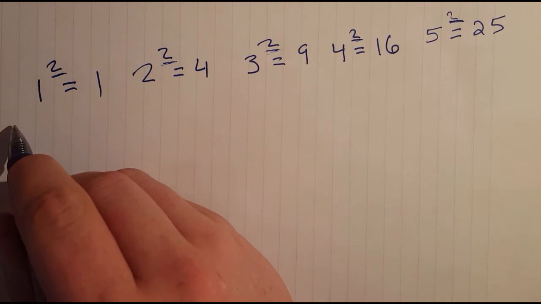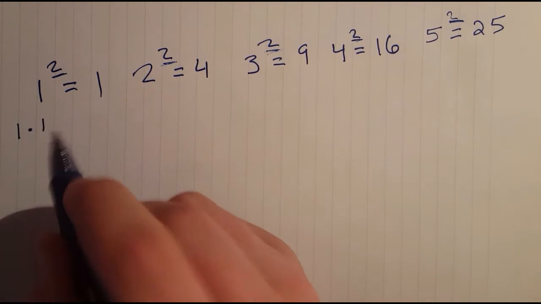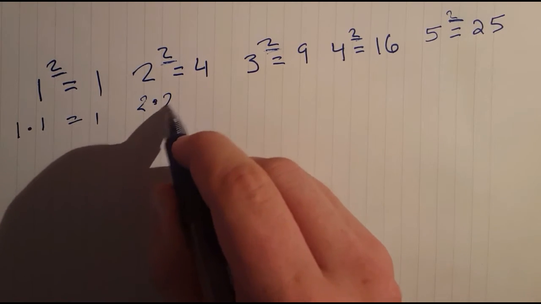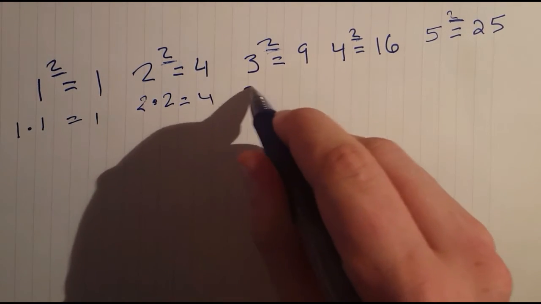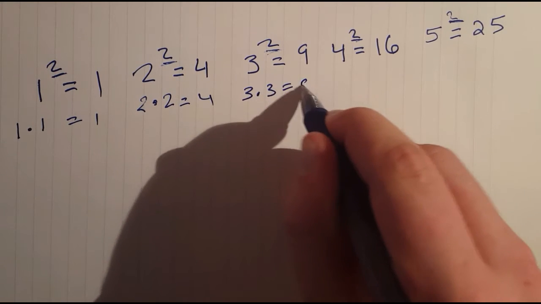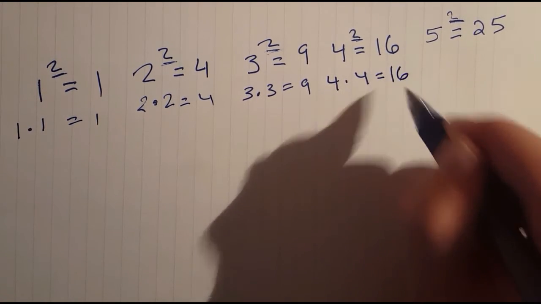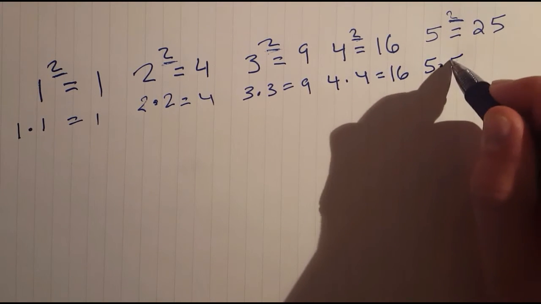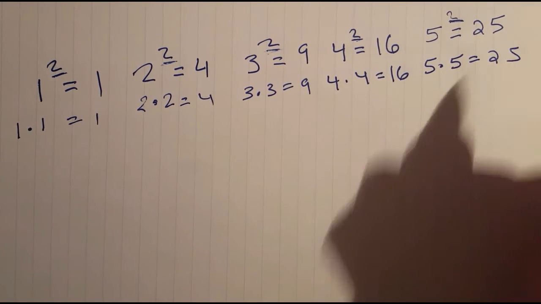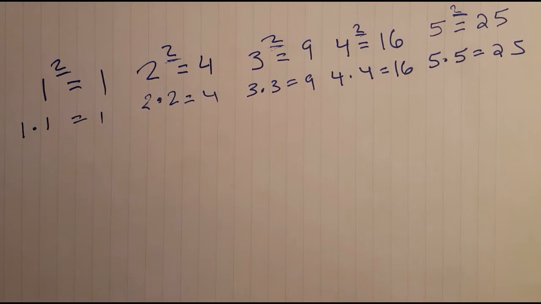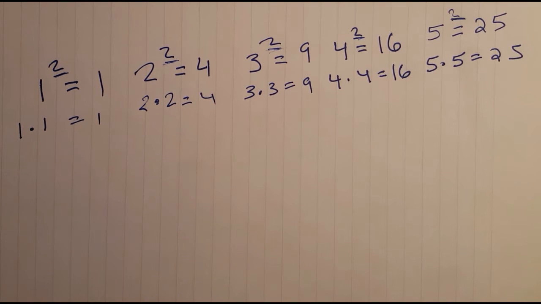So 1 times 1 equals 1, 2 times 2 equals 4, 3 times 3 equals 9, 4 times 4 equals 16, 5 times 5 equals 25. So it's literally a shorthand to tell you what numbers are being multiplied by themselves over and over again.